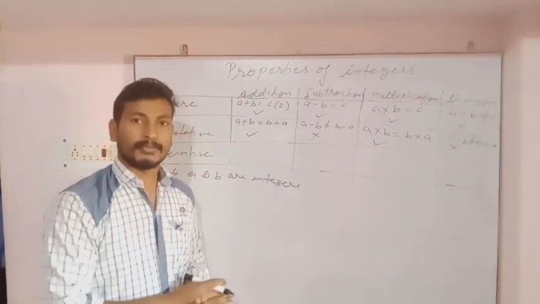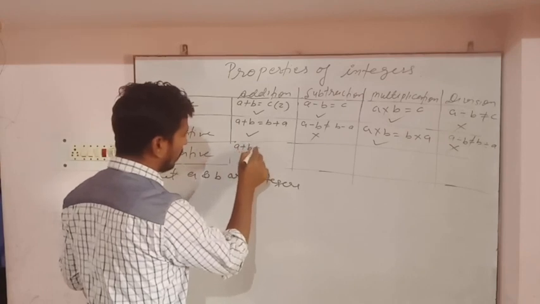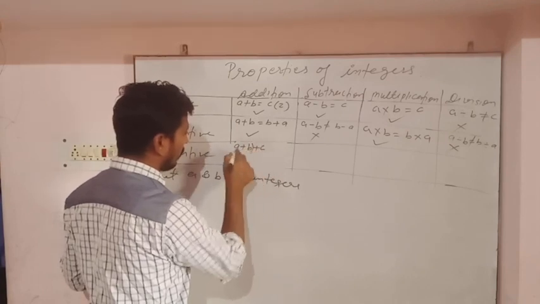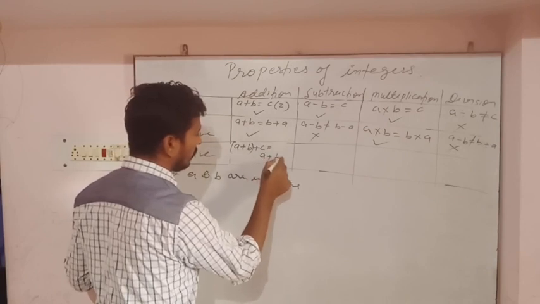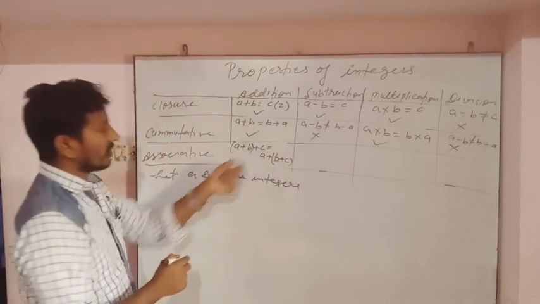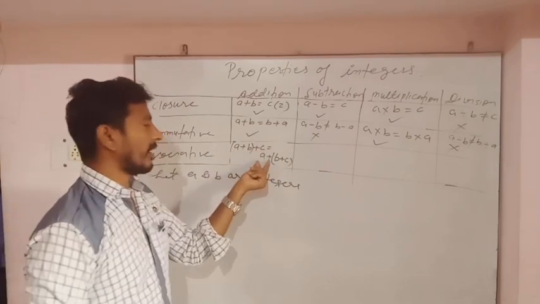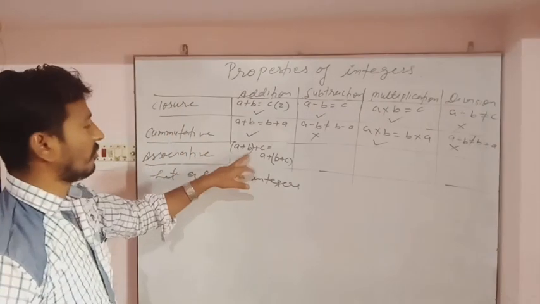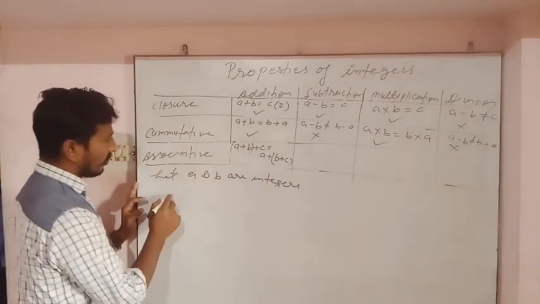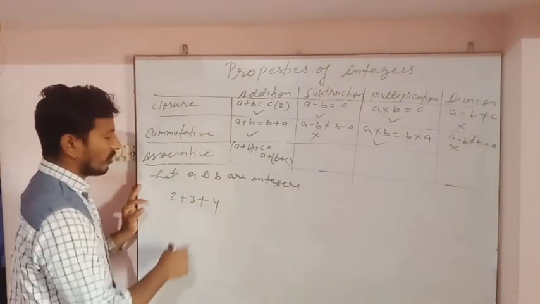Associative property. Associative property says that (a plus b) plus c is equal to a plus (b plus c). Means c is added to the sum of a and b, and here a is added to the sum of b and c. So let's check whether this property holds true or not. Suppose a is equal to 2, b is equal to 3 and c is equal to 4.